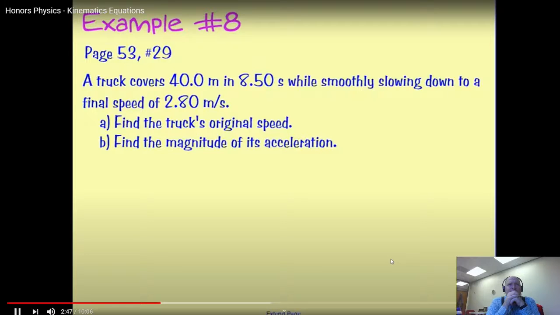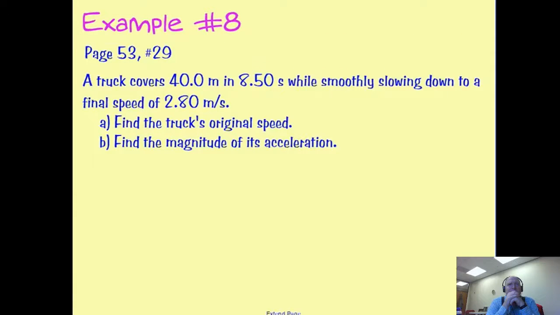In this case, when it says to find the truck's original speed, we are looking for the magnitude of the truck's velocity. Let's start out by writing down what we're given. Well, we know that the displacement is equal to 40 meters. I'm going to leave that vector symbol off since I don't really know anything about direction.